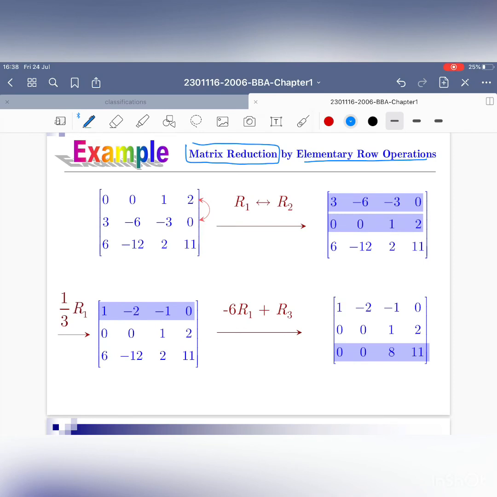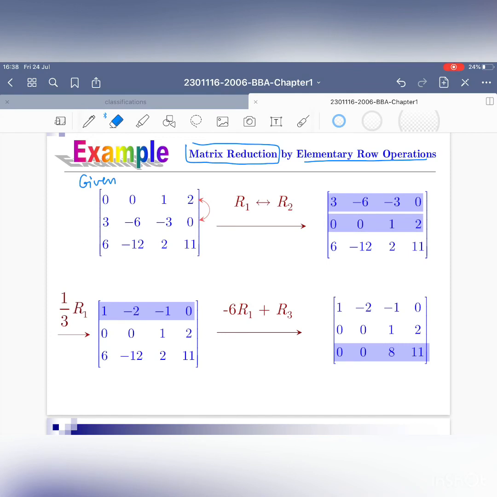Okay, so first of all, if you are given this matrix, 0 0 1 2, and 3 negative 6 3 negative 3 0, and 6 negative 12 2 11. This is given.